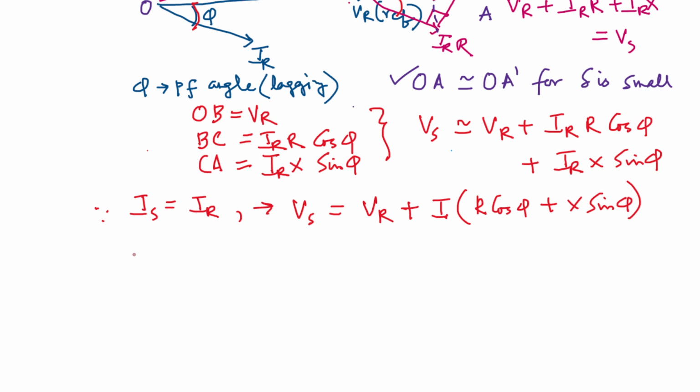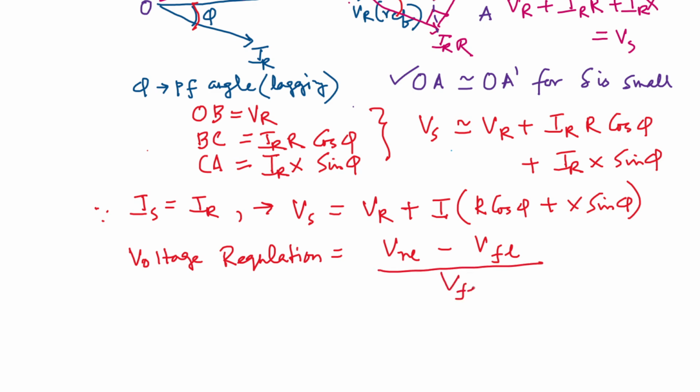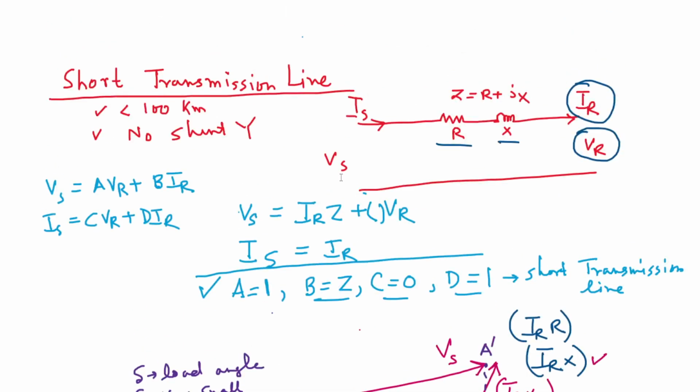Now what is voltage regulation? It is no load voltage minus full load voltage, divided by full load voltage, into 100. In a short transmission line, if you have no load at the receiving end, then Vs becomes Vr.